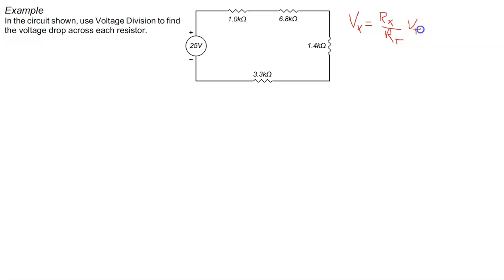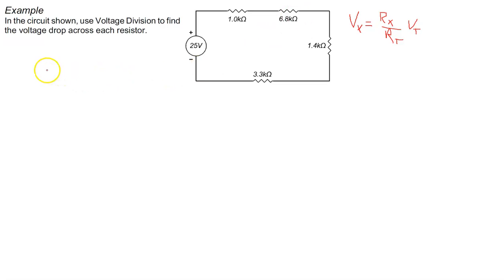What we're saying is that the voltage drop across any individual resistor is equal to the ratio of that resistor to the total resistance times the total voltage. So these resistors will drop the voltage proportional to their size in comparison to the total.